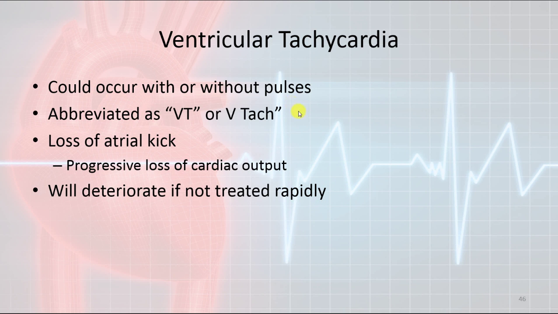Ventricular tachycardia could occur with or without pulses. It is possible for somebody to have a wide complex tachycardia and still have a pulse. It is abbreviated as VT or VTAC. You can abbreviate them both ways. That's appropriate. There is usually a loss of the atrial kick. If you remember, the atrial kick usually accounts for about 20 to 30% of ventricular filling.